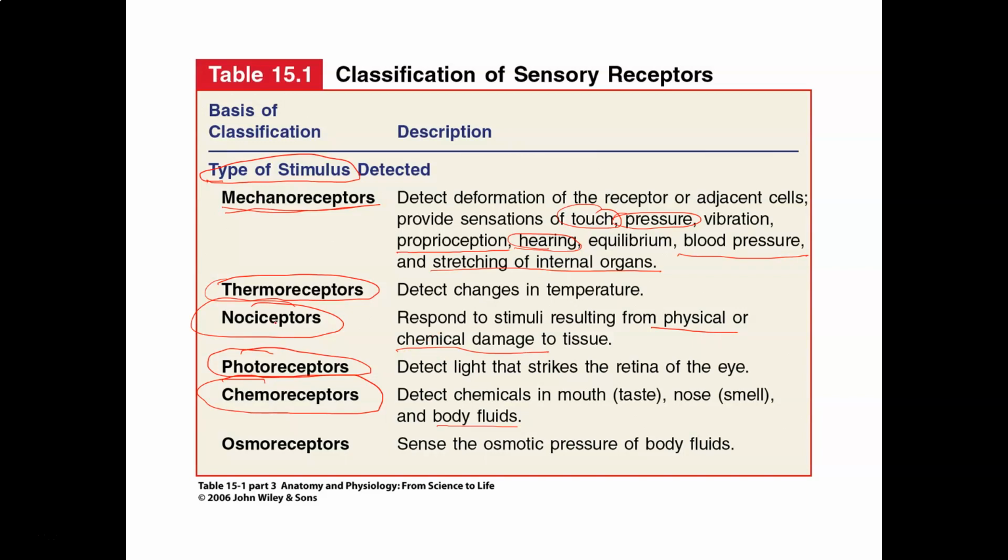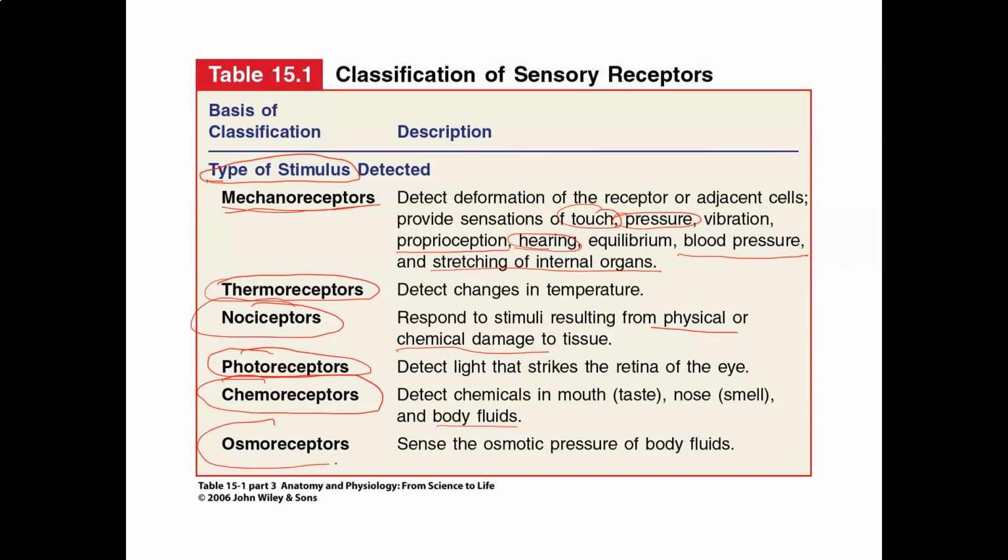So my point is that pain is not a completely separate kind of stimulus. It's usually a mechano or a chemo stimulus, chemical or mechanical. And it could also be thermo, very hot temperature, or even photo, an extremely bright light shown into your eye would be perceived as painful.